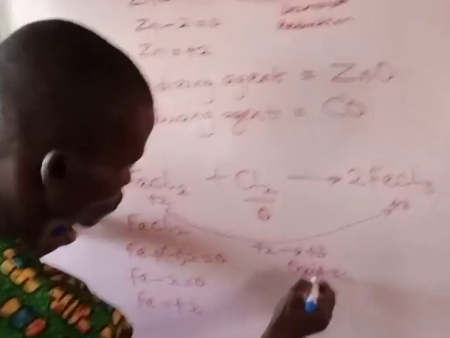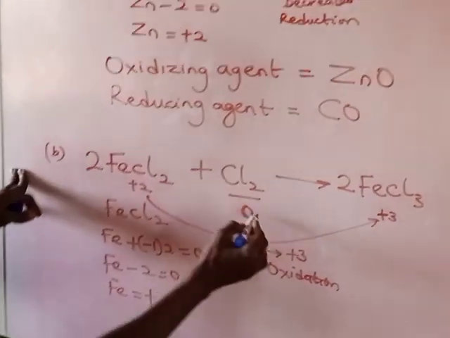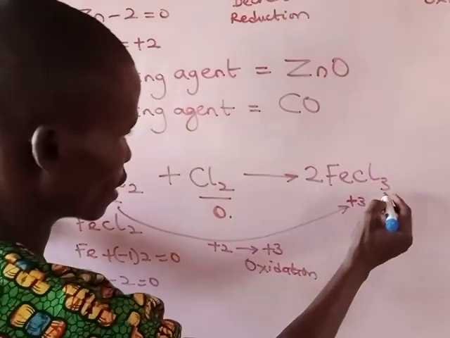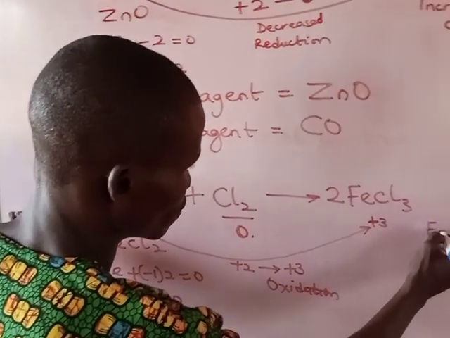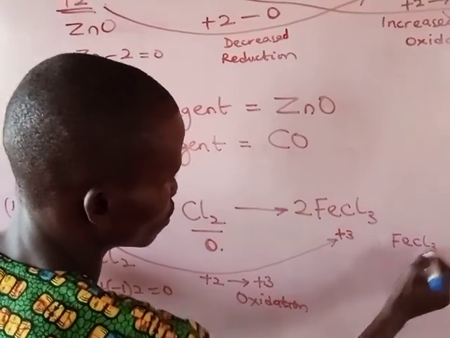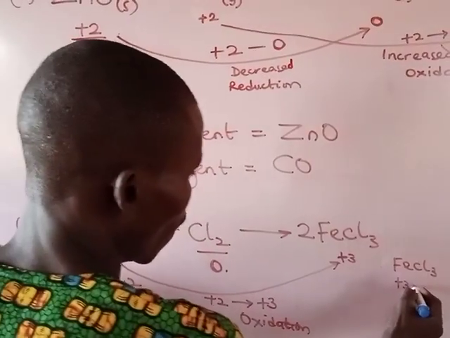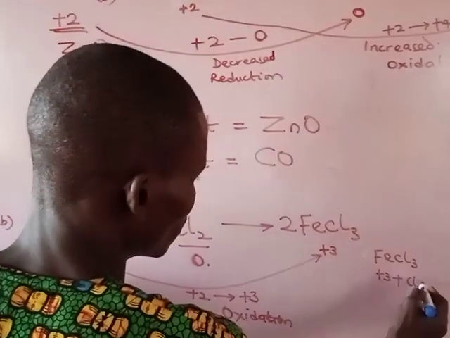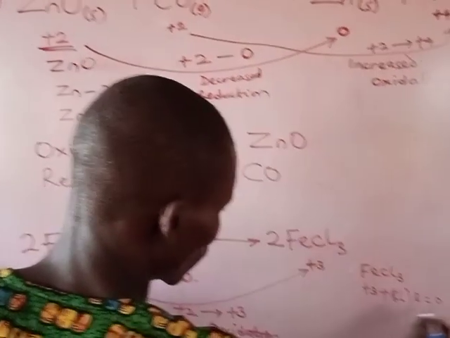Oxidation. Now from 0 to -1. Chlorine here, if you check it, is -1. FeCl3. Now Fe is +3, plus Cl times 3 will be 0.